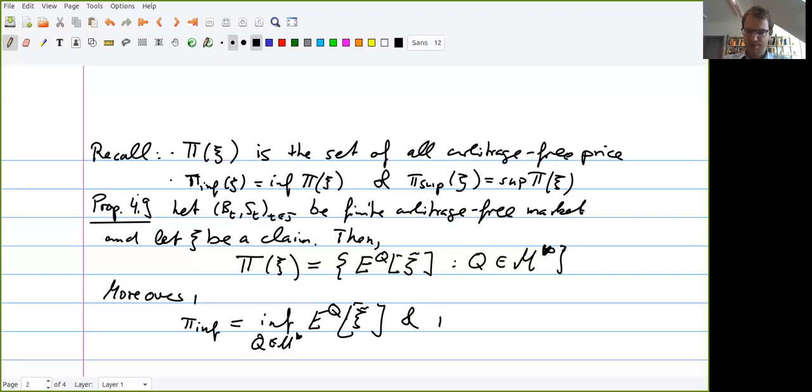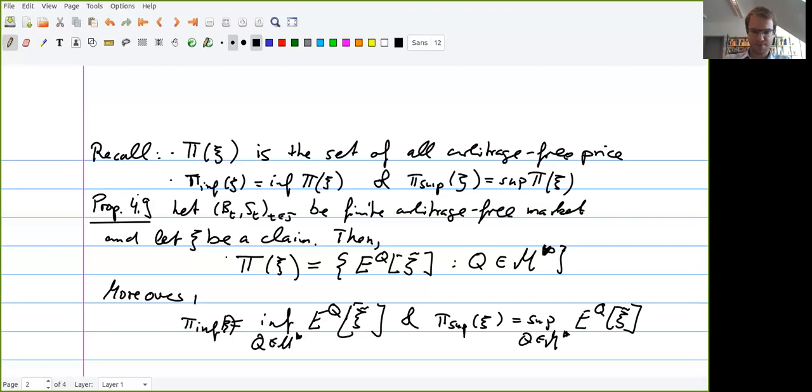And then the supremum of the arbitrage-free prices is given by the supremum over all martingale measures of the expected value of the discounted claim. Okay, this is what we have to prove.